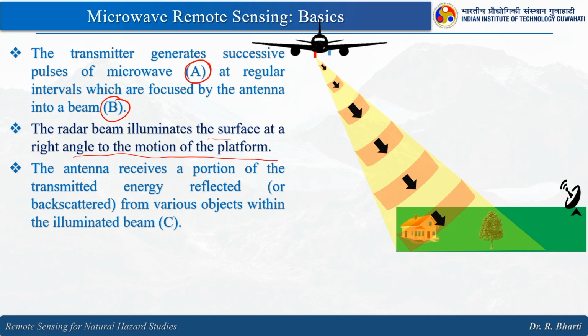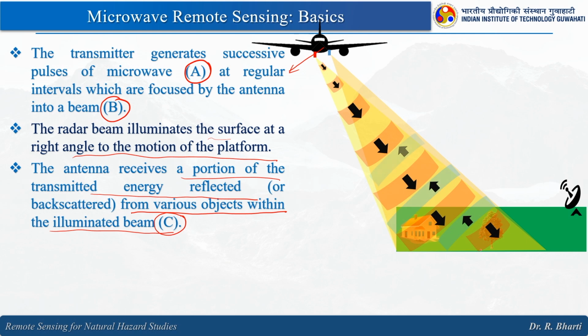So, this is the motion of the platform. The antenna receives a portion of the transmitted energy reflected or backscattered from various objects within the illuminated beam, that is C. Now, it is going back to the sensor.